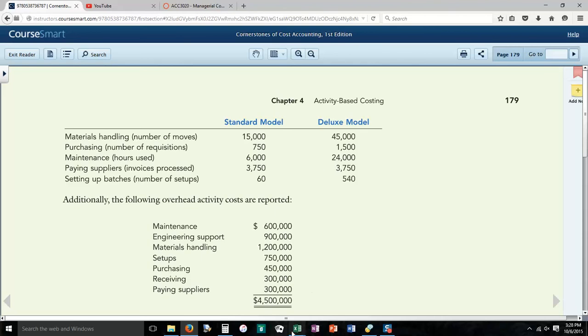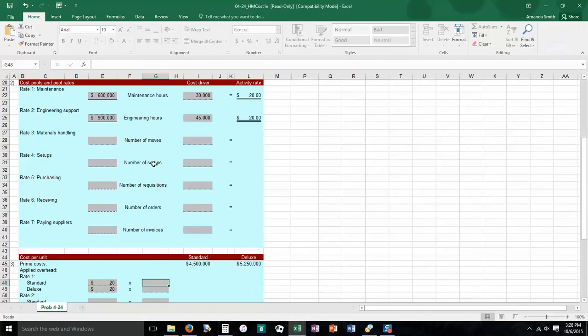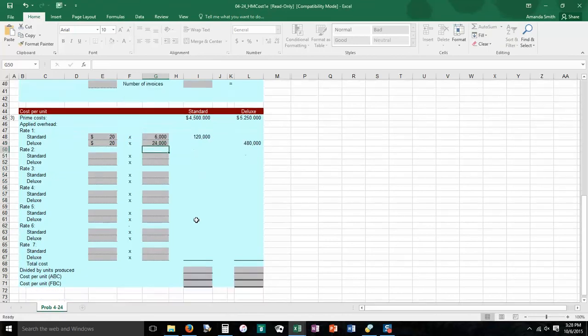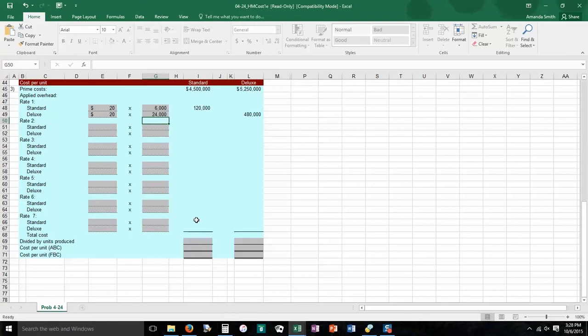For the deluxe, it's 24,000. So you're going to enter 6,000, 24,000, and it's going to go all the way down. And then you're going to have divided by the units produced, which is right here.